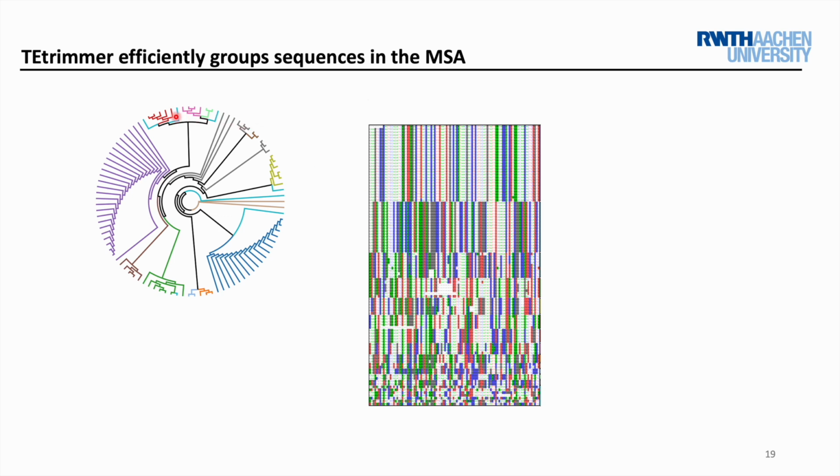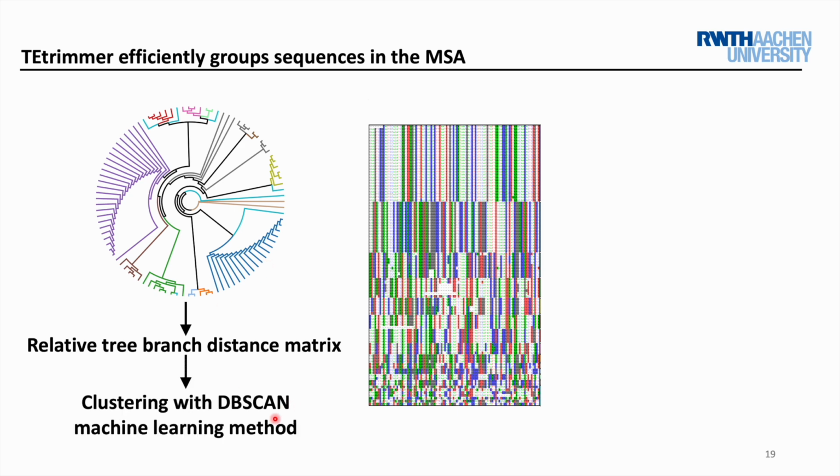It combines the phylogenetic tree with the machine learning method DBSCAN to cluster the multiple sequence alignments. Simply speaking, TEtrimmer will take out the divergent columns from the multiple sequence alignments and put them into IQ-TREE, a software. It will build the phylogenetic tree.